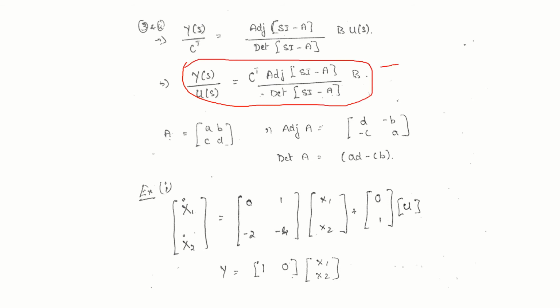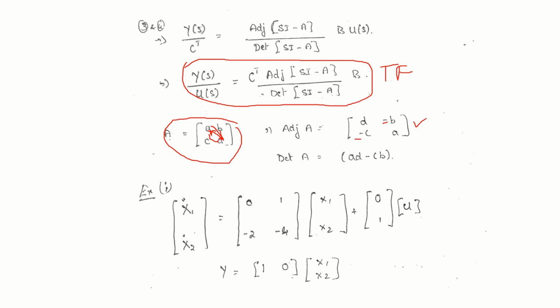This is the transfer function. With the state model given, you can find the transfer function. Suppose matrix A is given as a, b, c, d. The adjoint is: just interchange these two elements, push d to a and a to d, and for the other two elements, just introduce a negative sign.